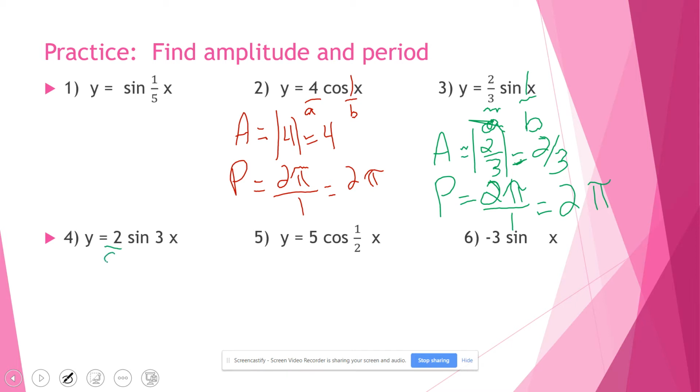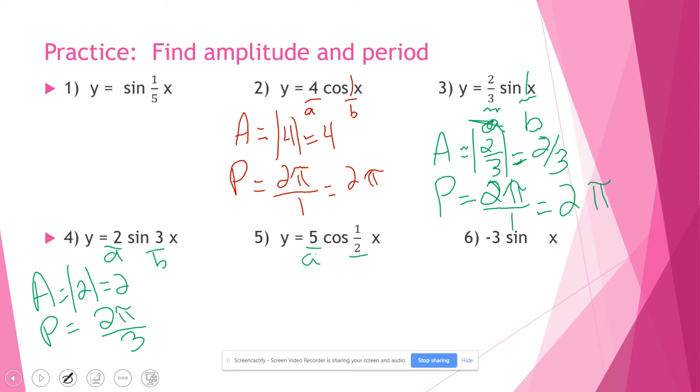Number 4, we have A and B. So our amplitude is the absolute value of 2, which is 2. And our period is 2 pi over B. There's nothing more I can do to simplify 2 pi over 3. So that is our period, or 1 cycle.